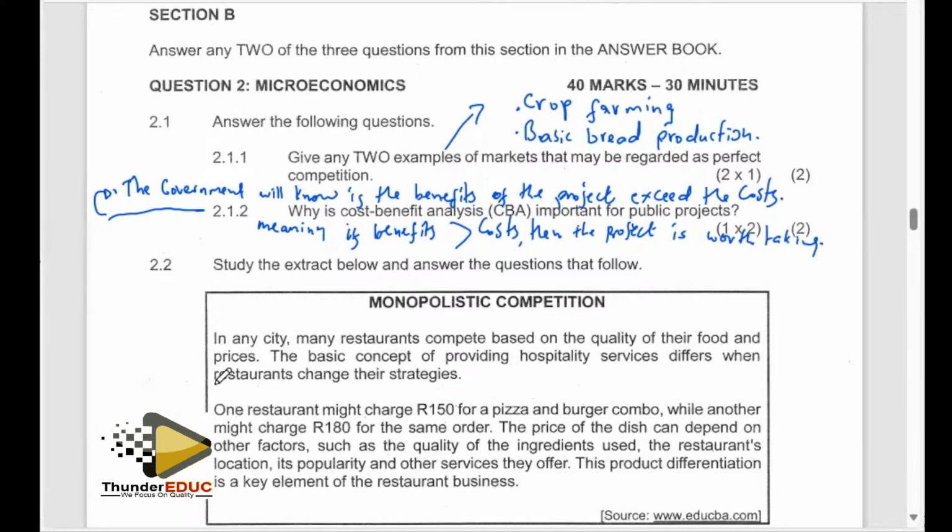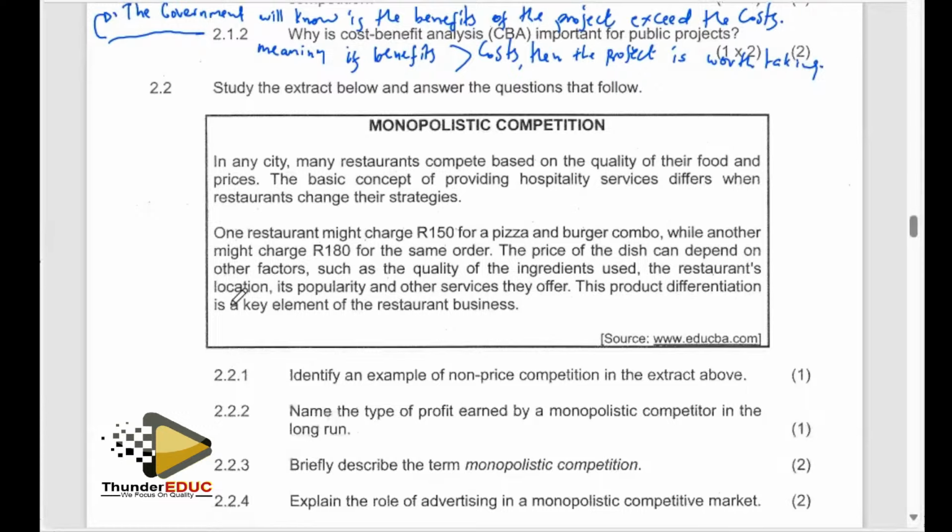Okay, right. So now let's move on to 2.2. Study the extract below and answer the questions that follow. Monopolistic competition. In any city, many restaurants compete based on the quality of their food and prices. So the basic concept of providing hospitality services differs when restaurants change their strategies.